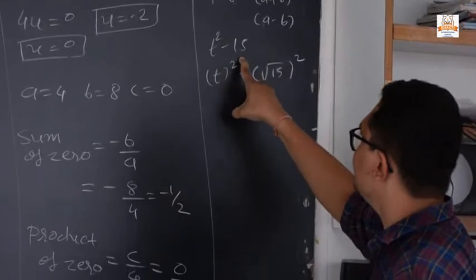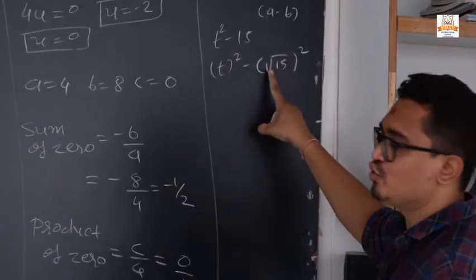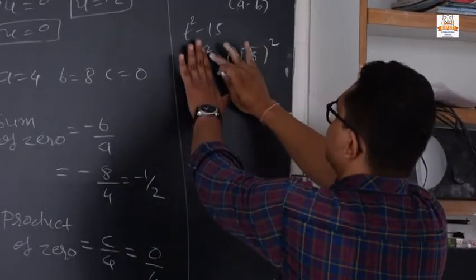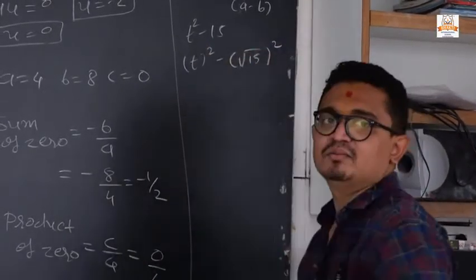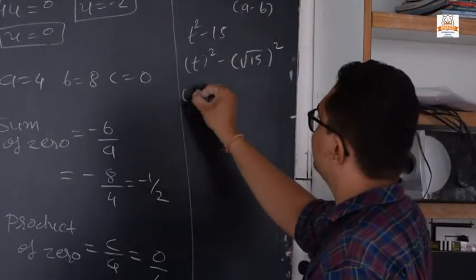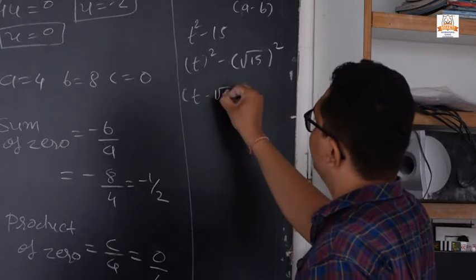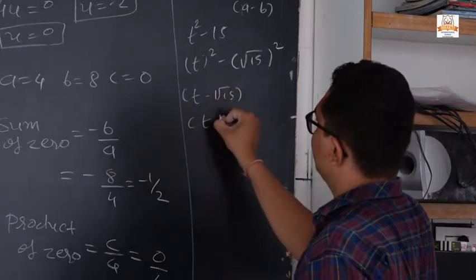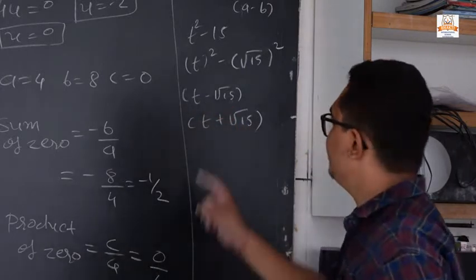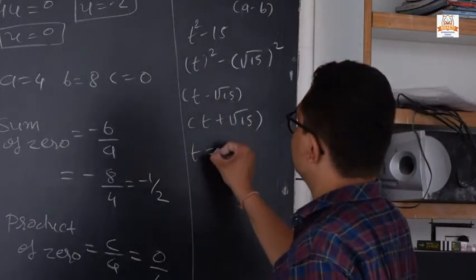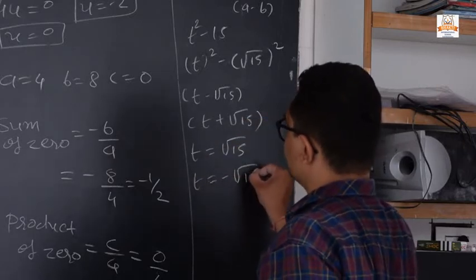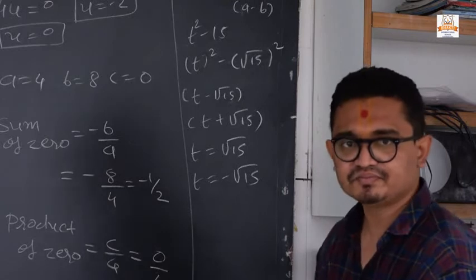Clear? So here a square minus b square gives a plus b and a minus b. So we can write a minus b and a plus b. So here is the zero value. If it goes to the second side, t is equal to plus root 15. Second, t is equal to minus root 15.